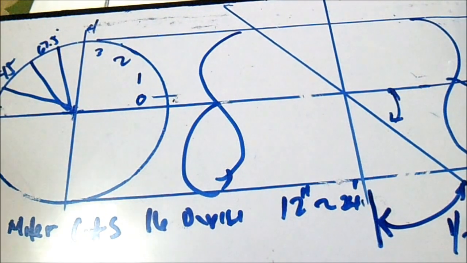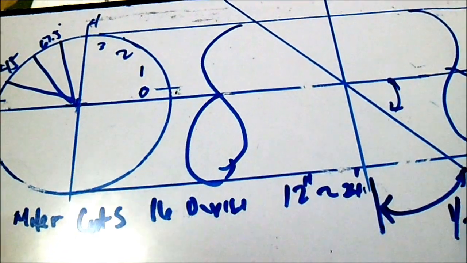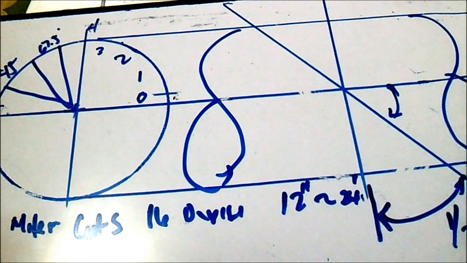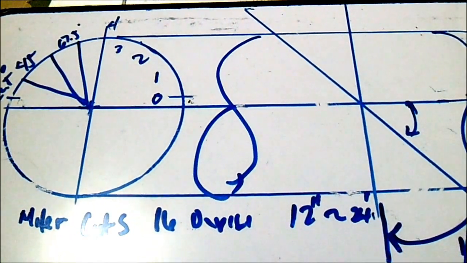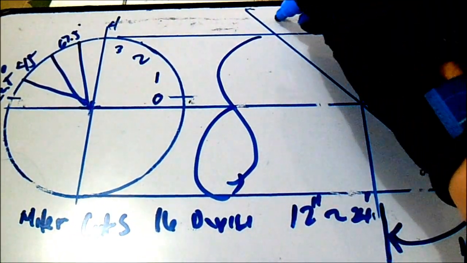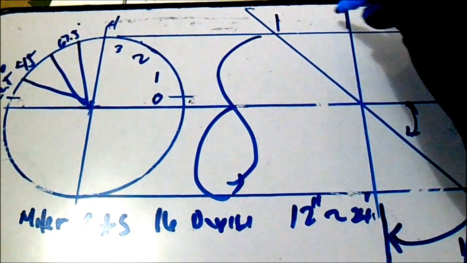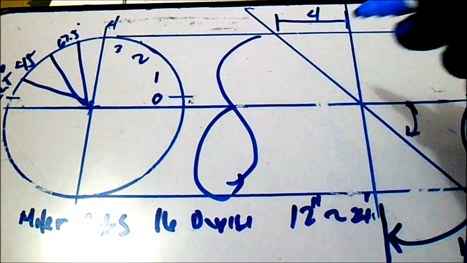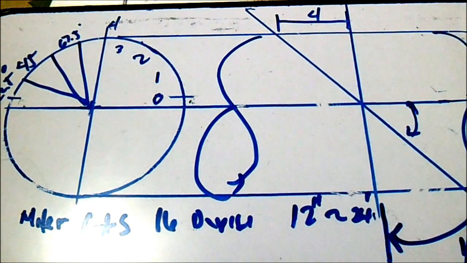And then the formula for that: this is our number for lines 4, 3, 2, 1.